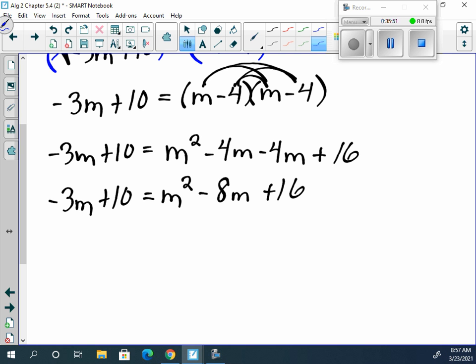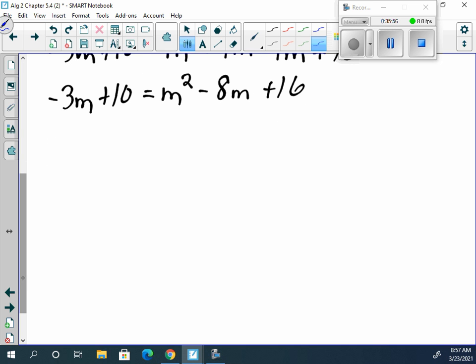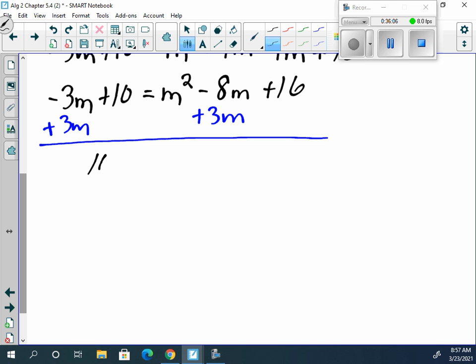Well, now we need to get everything on the same side. So we can add 3m to both sides. It tells us that 10 is equal to m squared minus 5m plus 16.